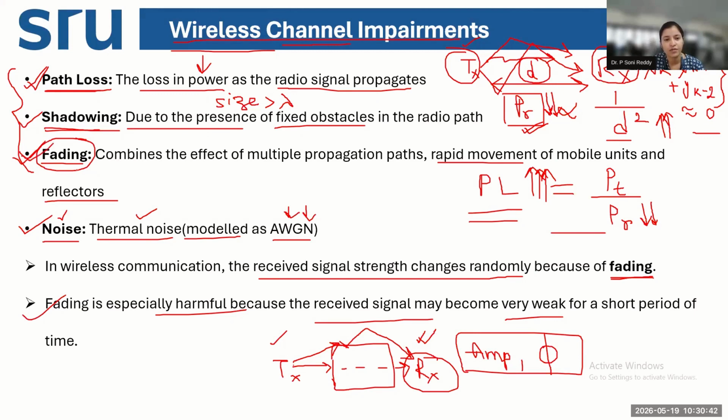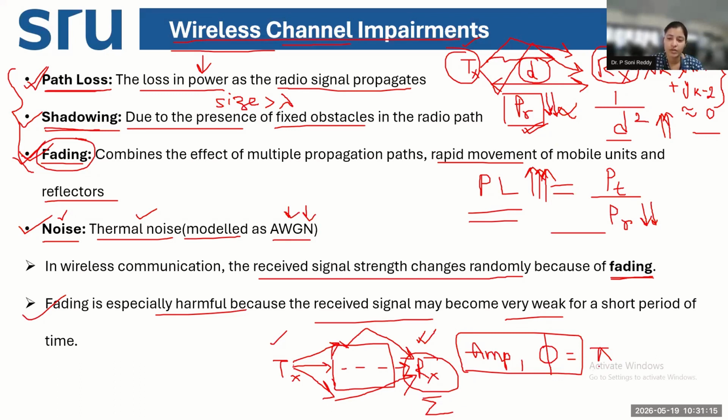And what is fading? Fading is one of the most important impairments of your wireless propagation channel. In this fading effect, when you are transmitting one signal, multiple copies of the same signal are received at the receiver side. If you add all these components at the receiver side, you will find that in some cases the phase of the multipath components is exactly equal to pi or 180 degrees.